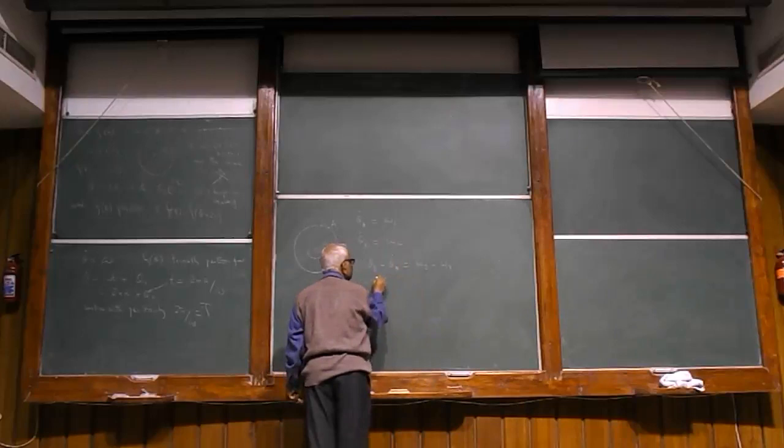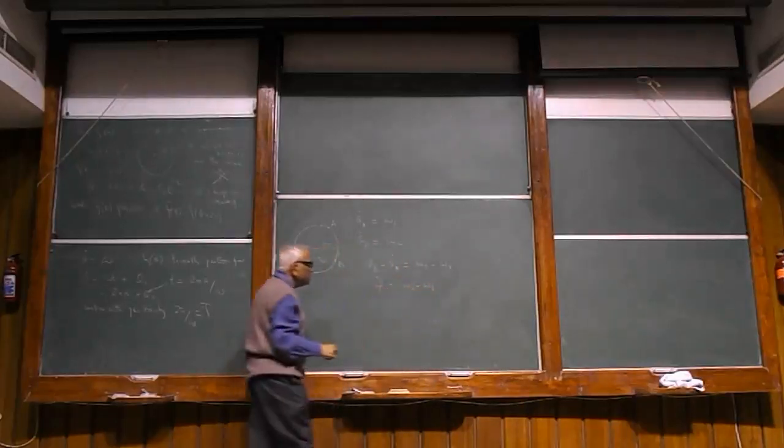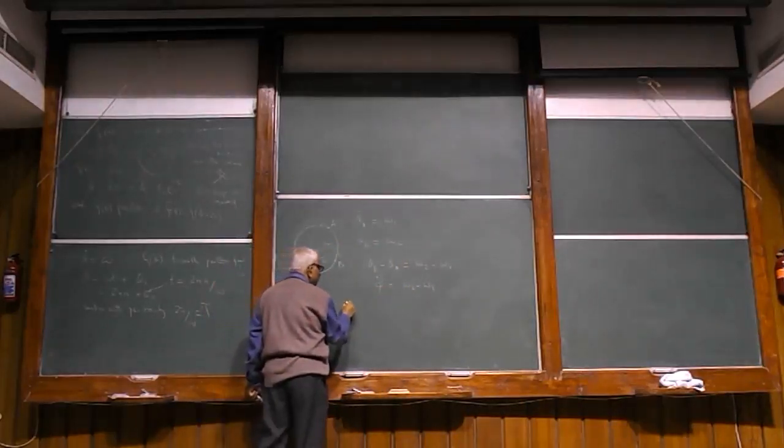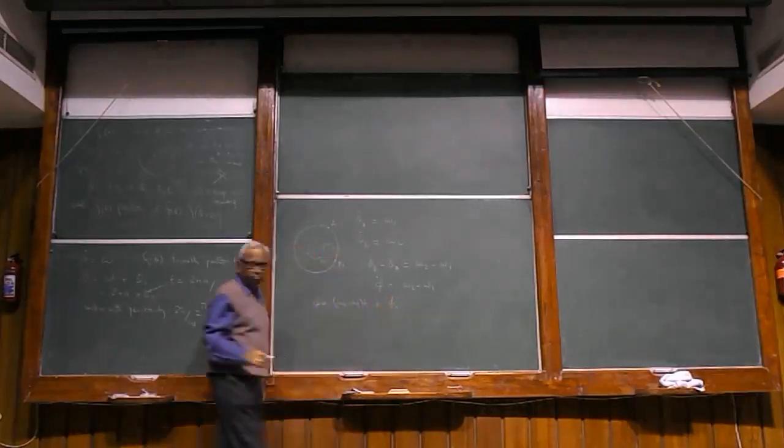If I call this difference phi dot, equal to omega 2 minus omega 1, then phi integrates out to (omega 2 minus omega 1) t plus phi naught.